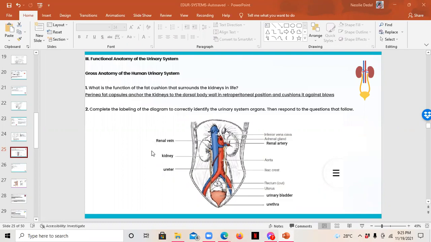Part 3, Functional Anatomy of the Urinary System. Gross Anatomy of the Human Urinary System. Number 1, what is the function of the fat that surrounds the kidneys in life?